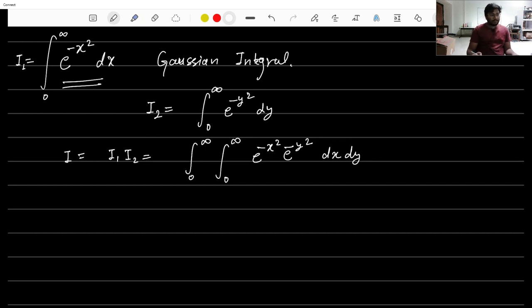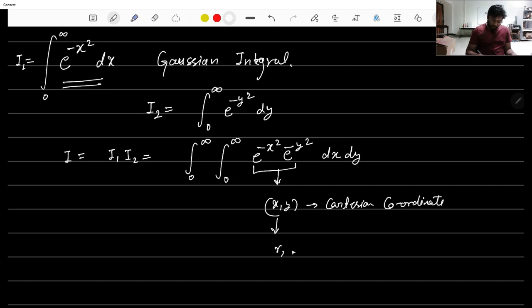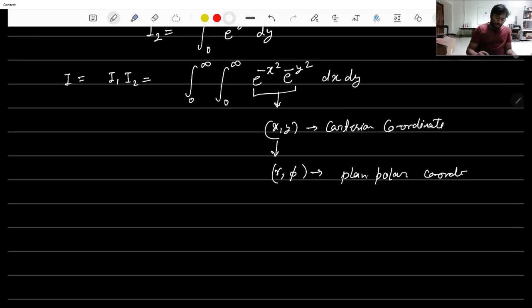There is a method called coordinate transformation. Right now the integrand of this integration is in terms of x and y, which are in Cartesian coordinates. Now we will change this coordinate system to r and phi, which is the plane polar coordinate system. How do we do that?